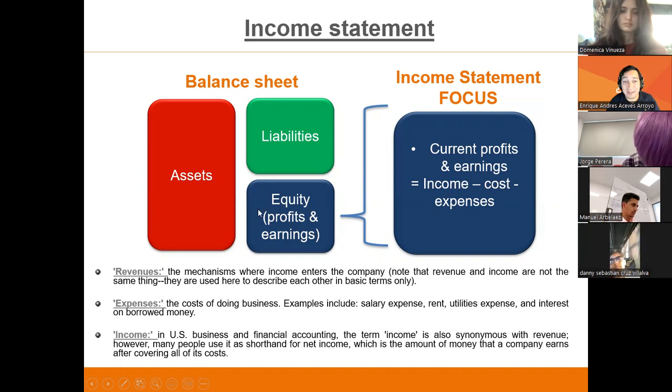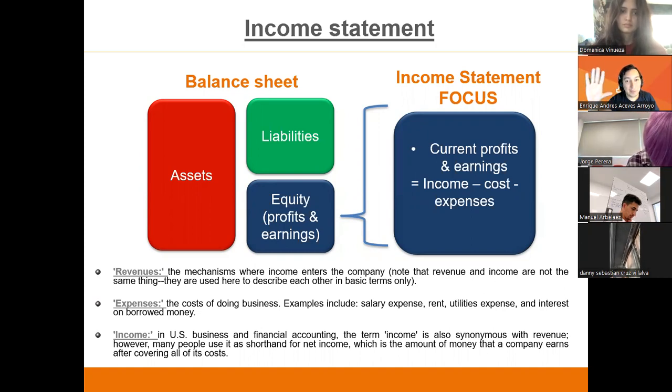What we are doing in the income statement is to provide a little bit of depth in the analysis of that account. Remember, in the equity, you have profits and earnings, okay? And you will see only 100 in that part in the equity section. But in the income statement, you will have 200 of sales minus 100 of cost and expenses, earnings 100.